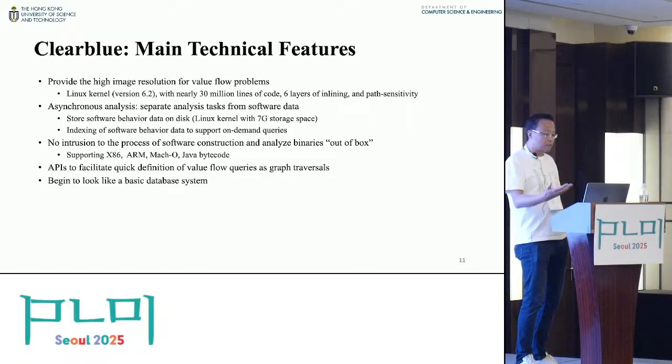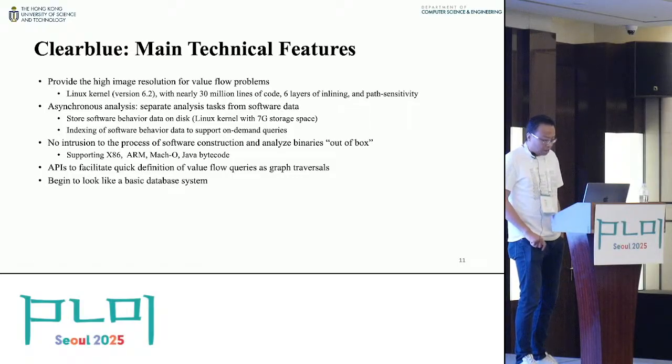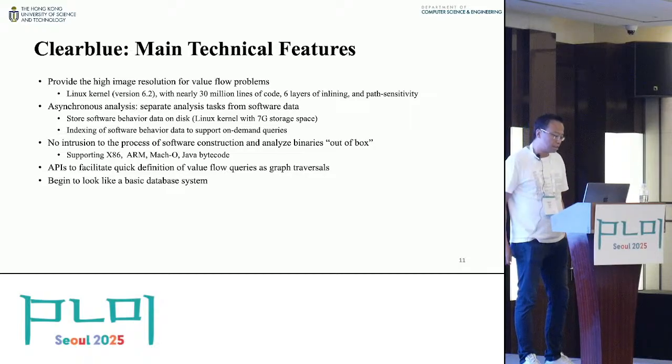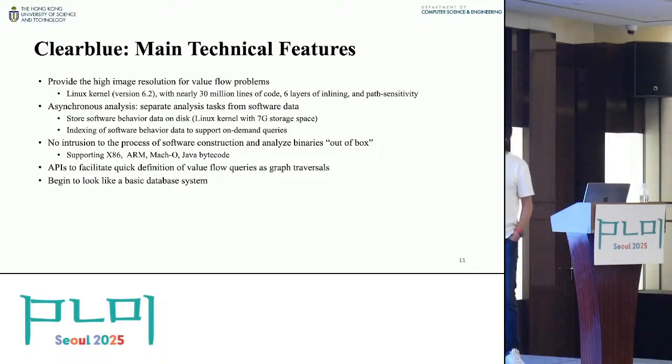We focus on value flow problems. We're pretty precise, not as ideal as we wish, but we can analyze the Linux kernel, for example, 30 million lines of code, with 6 layers of inlining and full path sensitivity.